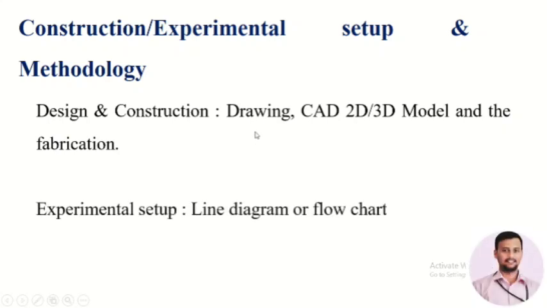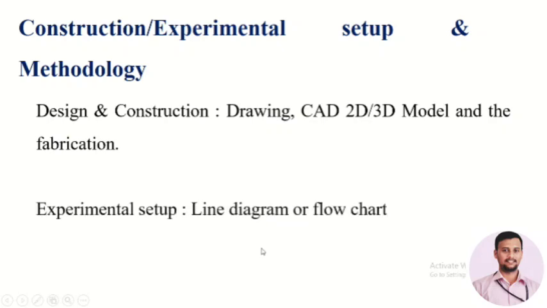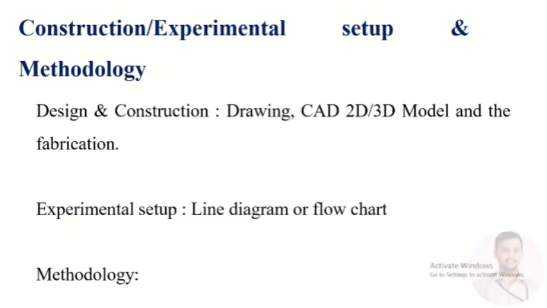If you are doing an experimental setup or experiment related seminar, you should use line diagrams and schematic diagrams, along with flow charts, showing how the experiment goes on. The next is the methodology: what method you have adopted to do this experiment has to be explained in this section.